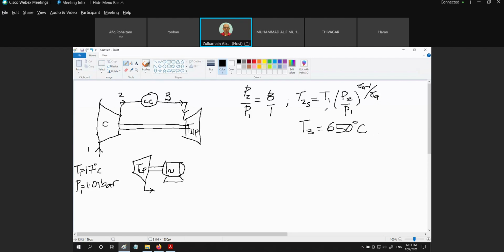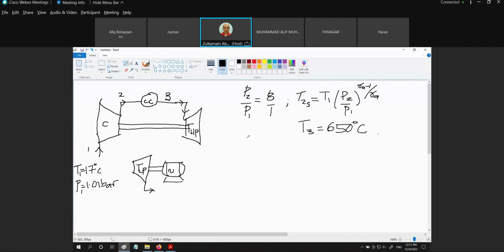That's why we need to see what T2S is and what T2 is. If T2, especially T2, is less than the maximum temperature, meaning that we must have some sort of device, which in this particular case is a combustion chamber, representing the place whereby we input the energy.